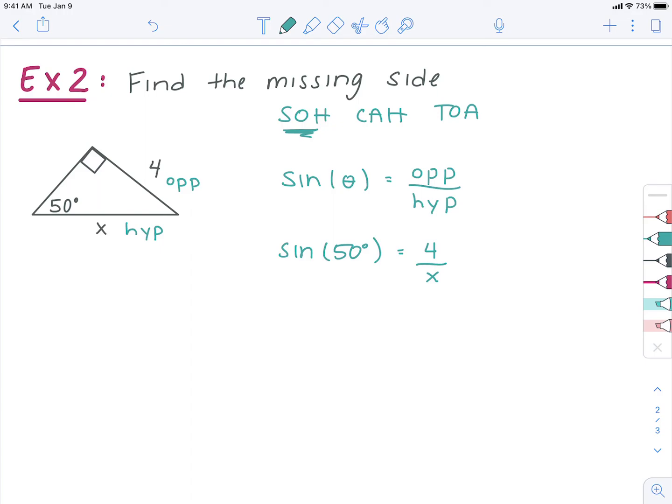One. So if I set them up as fractions, my denominator here is a 1 because there wasn't anything. And then I'm going to cross multiply. Here, I'm going to get 4 equals x sine of 50.